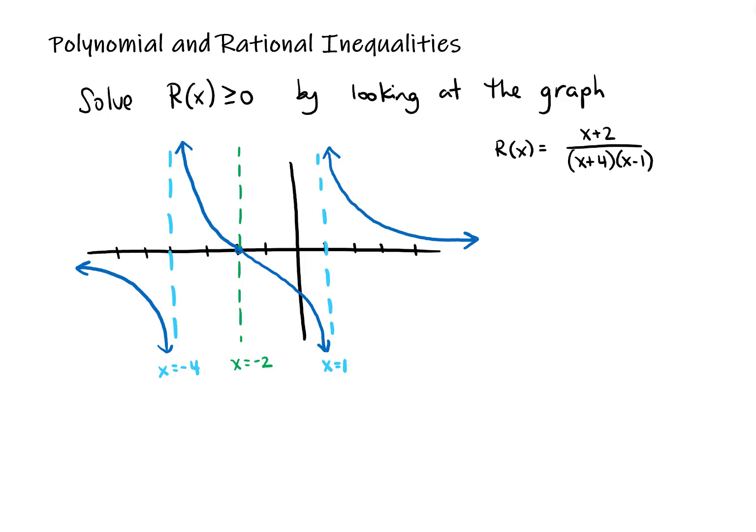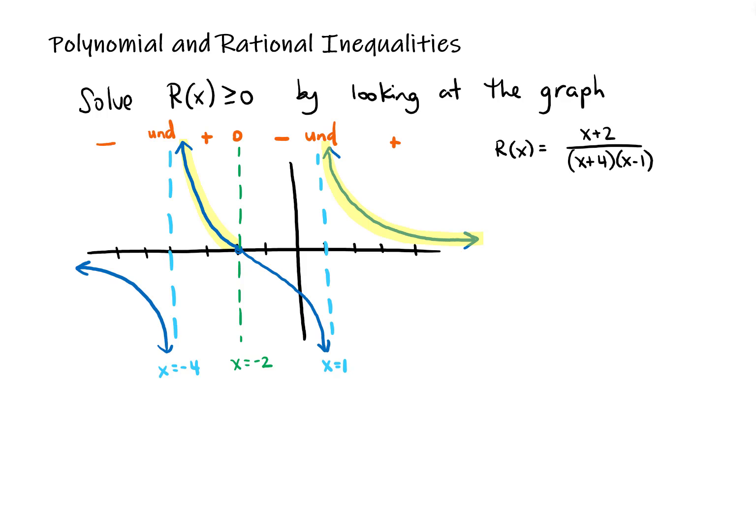So looking at our first region, we can see that the values in that region are negative, and so we'll say that's negative. We know at our asymptote, our function is undefined. In the next region, it's positive, and then it's 0 at x equals negative 2, and then it's negative, and then again it's undefined, and then it's positive.